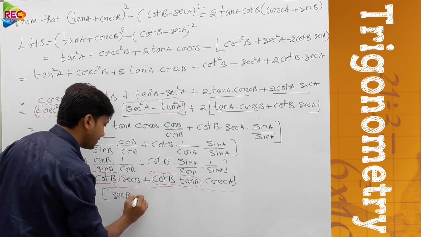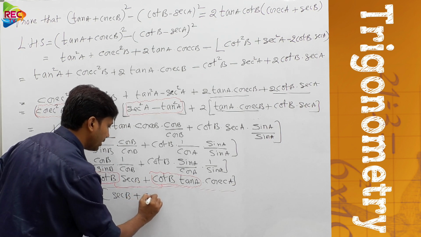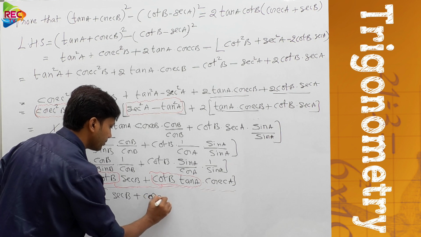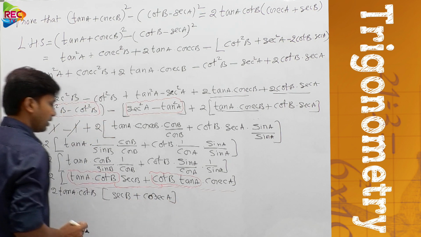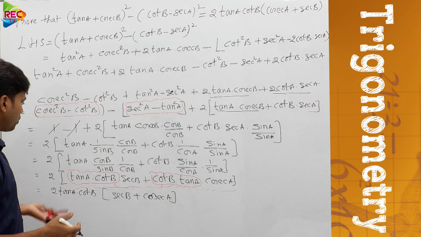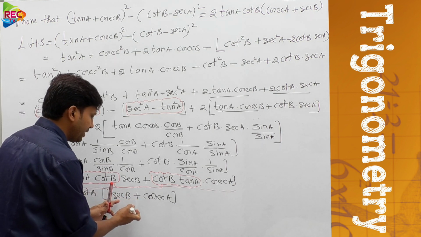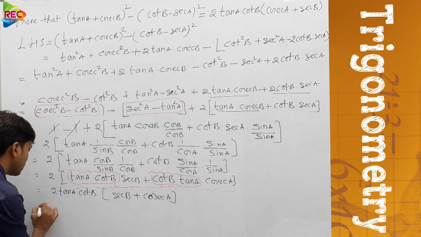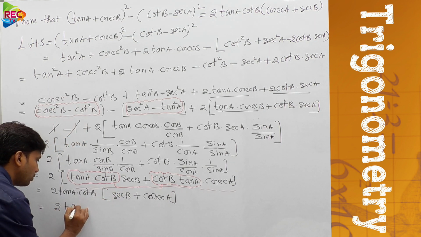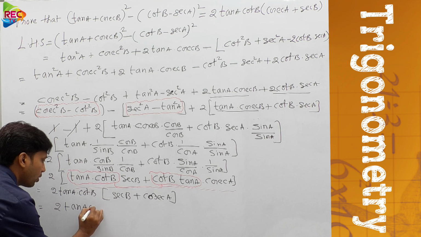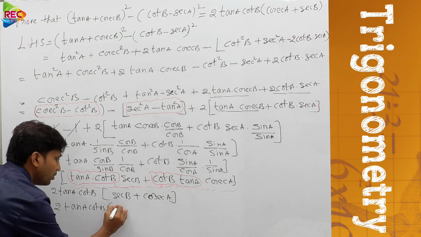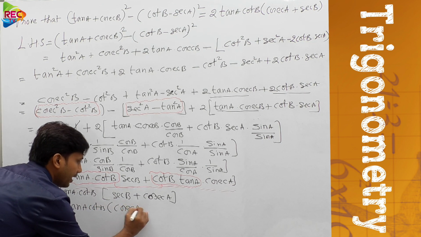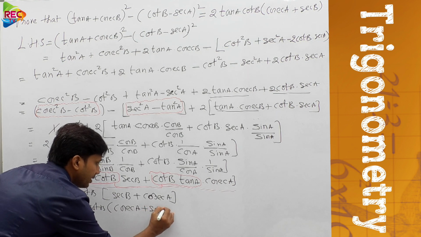In between them plus is existing, so cosecant A. Okay. So anyways, you can write the secant B plus cosecant A in reverse order also, no? So we can write this as 2 tan A cot B into cosecant A plus secant B.